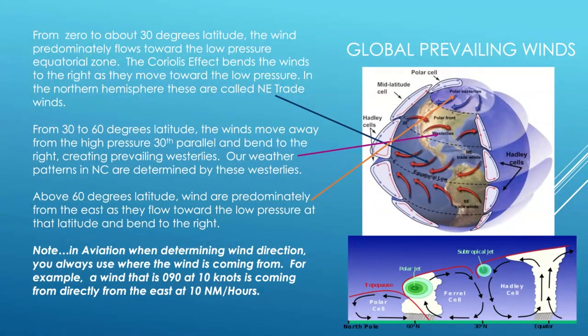Okay, so at 10 knots. Why do they do that like that? Well, where do you want to land? Yeah, you want to land into the wind. So they defined the wind direction based on where you're going to land.